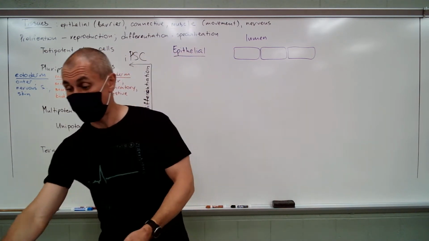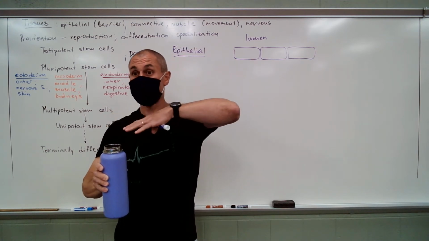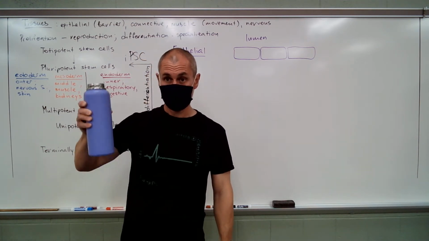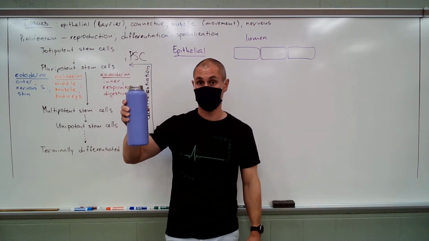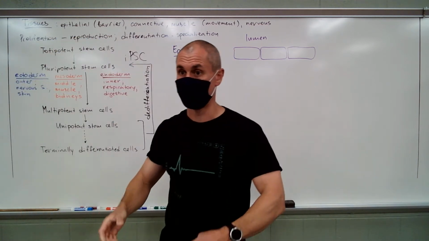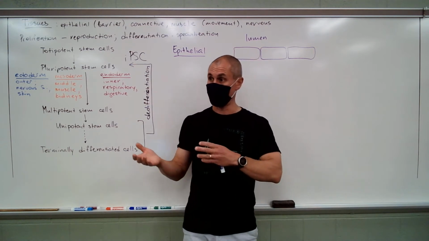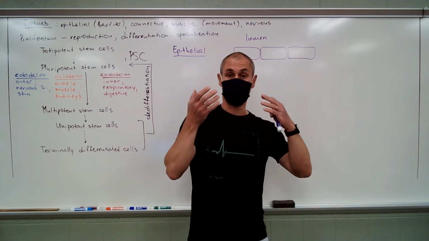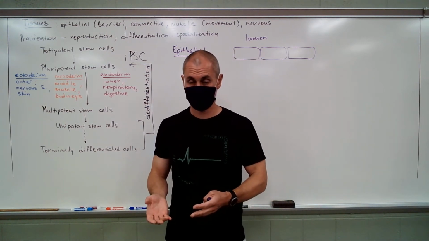Whatever's inside a bag or a bottle, this space is a lumen. So the lumen of that bottle is filled with water right now. Does that make sense? This is the proper anatomical term that's used for the lumen of a stomach, a lumen of a trachea, a lumen of the intestine, and stuff like that. A lumen of a blood vessel. Clear?